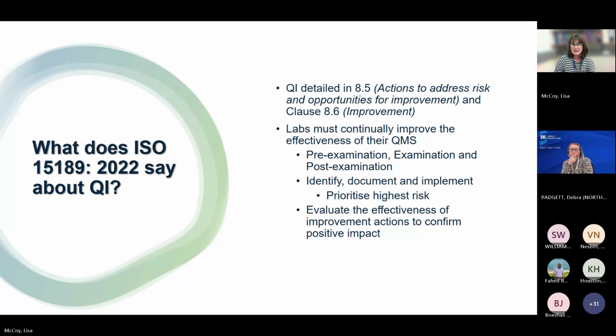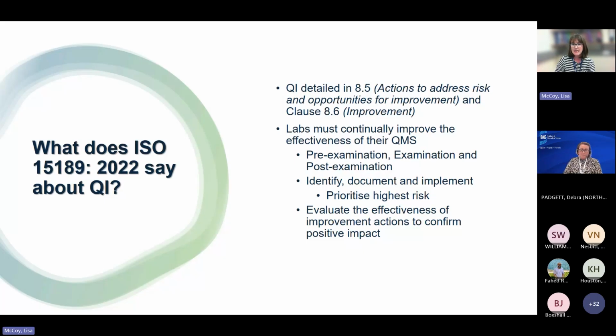So what does ISO 15189 have to say about quality improvement? Well, in a similar vein to risk management, there's a theme of quality improvement throughout the standard, but there are two clauses in particular that I would draw your attention to, and those are 8.5 and 8.6. 8.5 is actions to address risk and opportunities for improvement, and 8.6 is improvement.